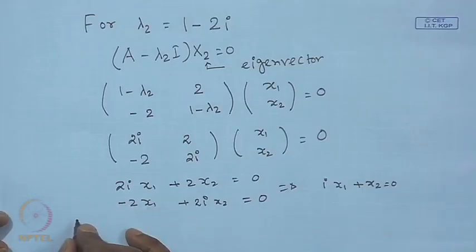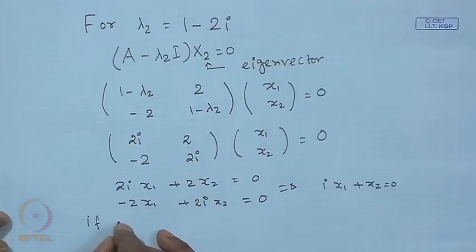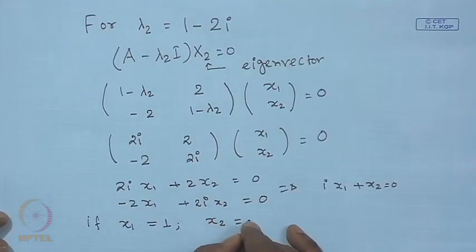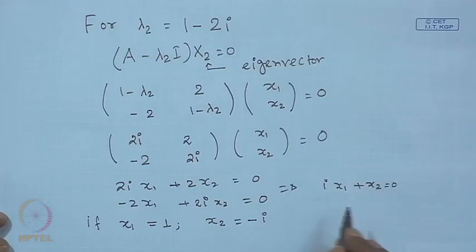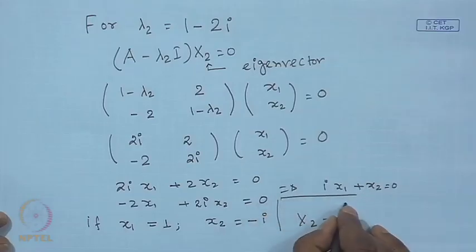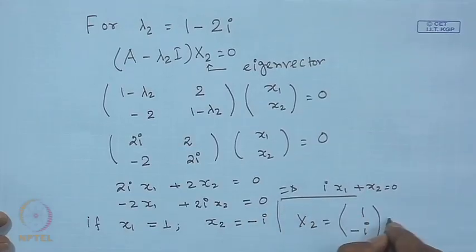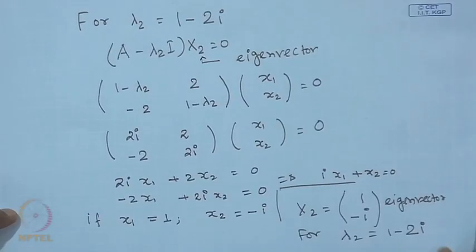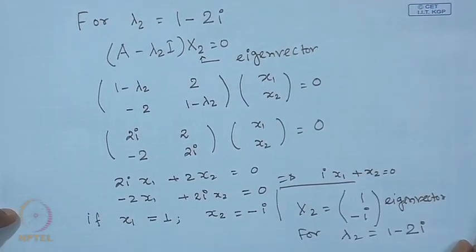Therefore, if we select x 1 is equal to 1, then x 2 will be minus I. So, x 2 is equal to (1, minus I), the eigenvector corresponding to lambda 2 is equal to 1 minus 2 I. So, we evaluated the eigenvectors for the corresponding eigenvalues.